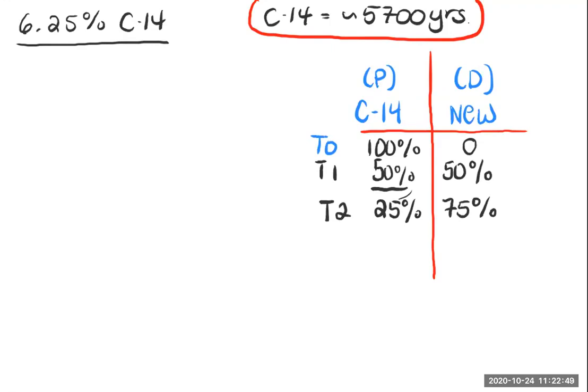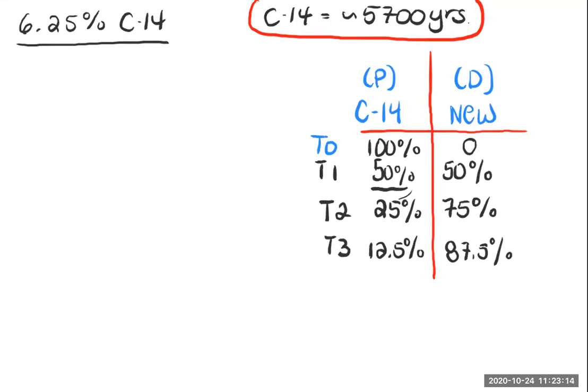Another 5,700 years goes by, and another half-life happens to this one. I have 12.5% C14, and I have 87.5% daughter isotopes. And that would be at time 3 half-lives.